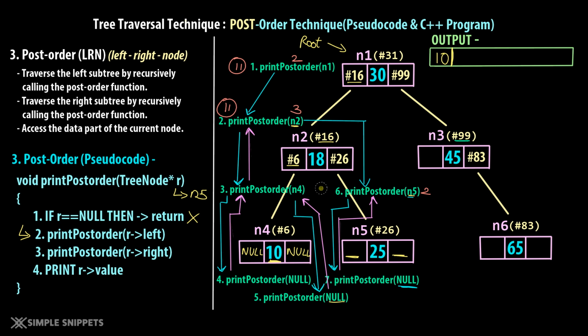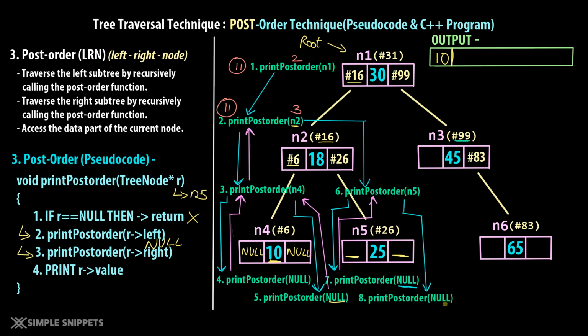So now the sixth print post order will resume its operation from step 3. What do we have at step 3? At step 3 we have one more recursive call, but this time we are saying R of right. So for the sixth print post order with the value of n5, do we have anything to the right of n5 as a right child? No. So again we will pass null at step 3. So the eighth print post order will be called.